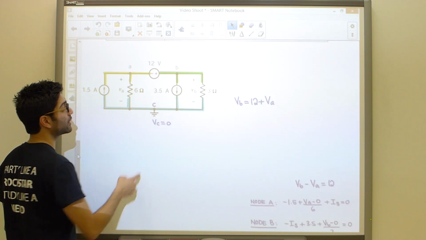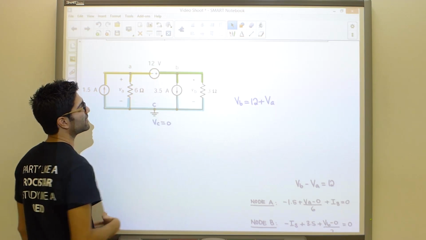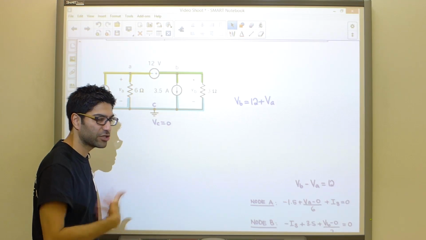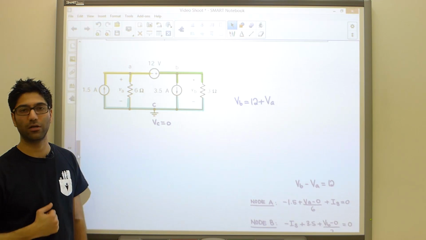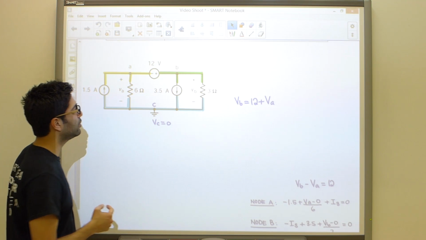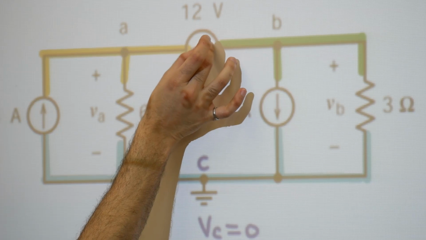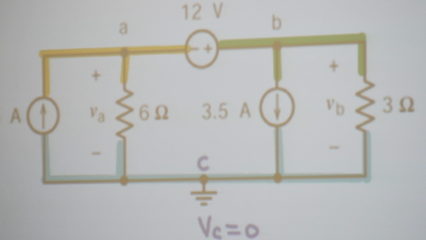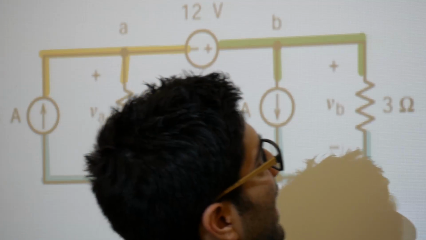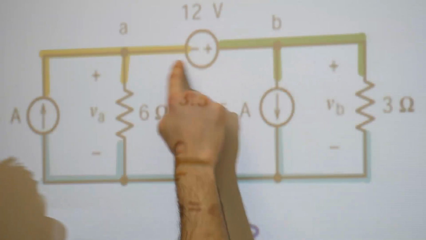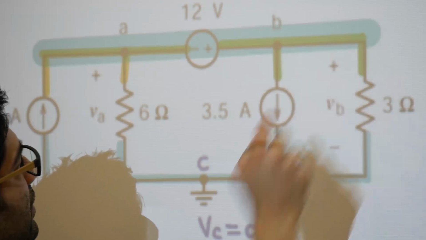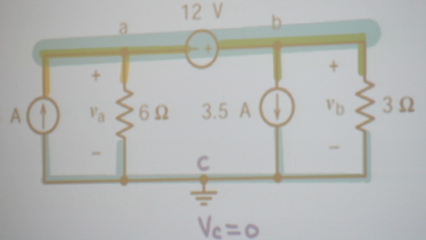In this particular case, this guy is causing a problem because it is creating an additional variable IS, as we saw. So we're going to merge these two nodes together, thereby creating our supernode. We're simply going to pretend that this guy is not there, and all of this is one big node.